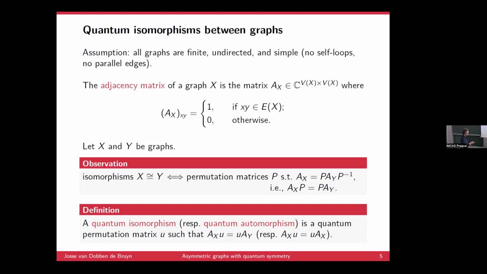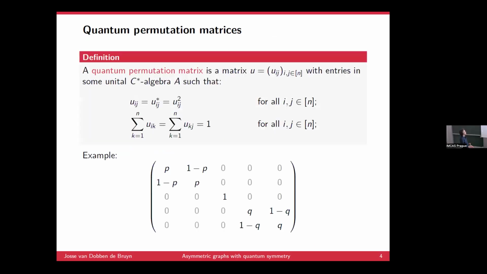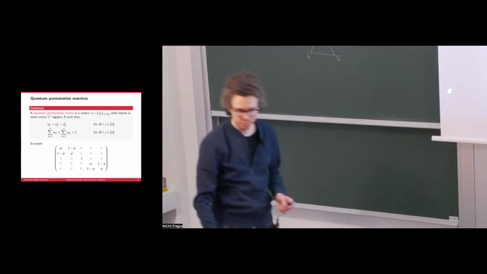Now we saw an example actually in the previous slide. I'll leave it as an exercise for you to check that this is a quantum automorphism of this graph, where the vertices are labeled like this.